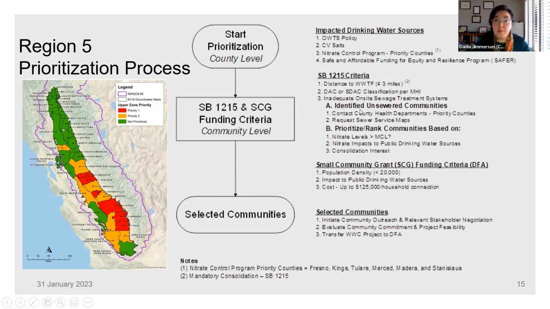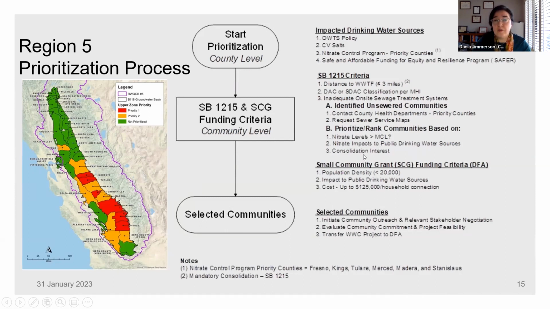To determine which of those communities are unsewered, we coordinate and work very closely with county health departments, because they have all of that information, since they have to implement the on-site wastewater treatment systems policy. Our ranking is also based on the nitrate impacts to public drinking water.